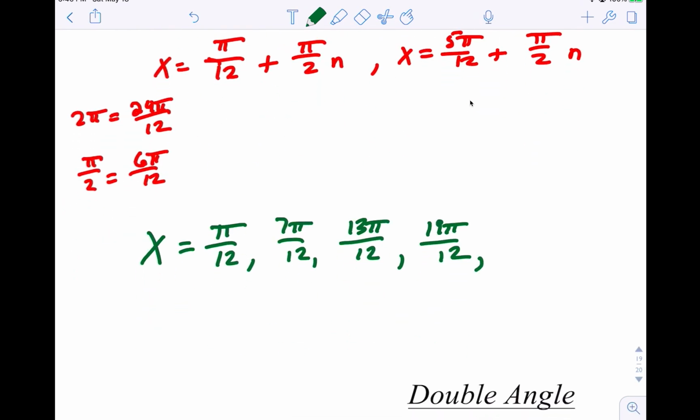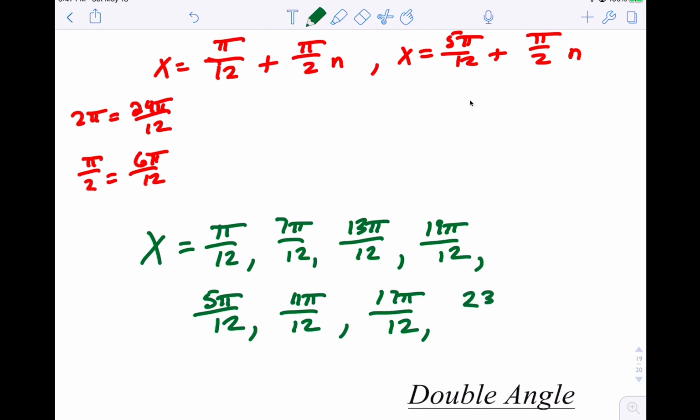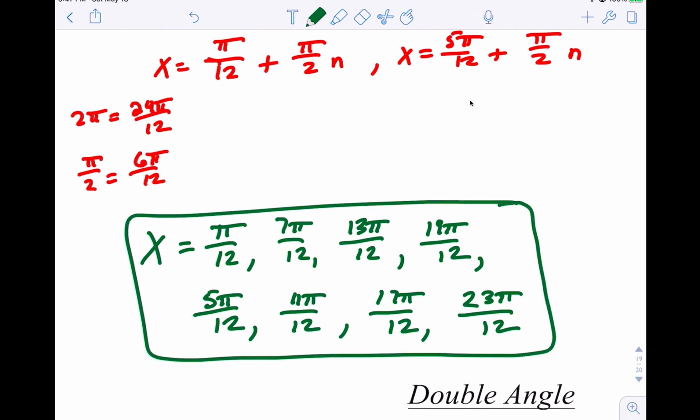And then from the second solution, I got 5 pi over 12, 11 pi over 12, 17 pi over 12, and then the last one would be 23 pi over 12. So I get my 8 solutions there.